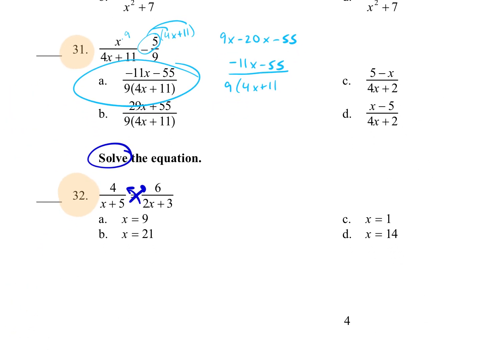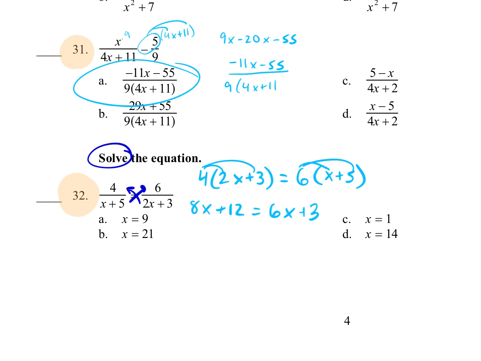We talked about 32. When you have a fraction equals a fraction, you just cross multiply. So this would be 4 times 2x plus 3 is equal to 6 times x plus 5. We distribute. So this would be 8x plus 12 is equal to 6x plus 30.